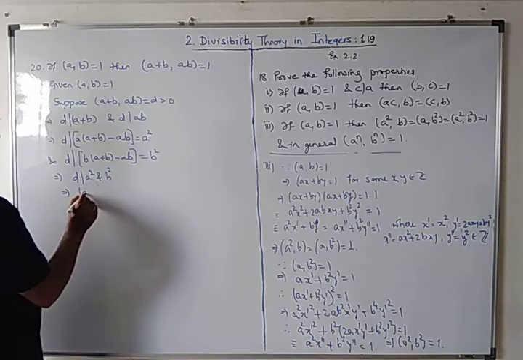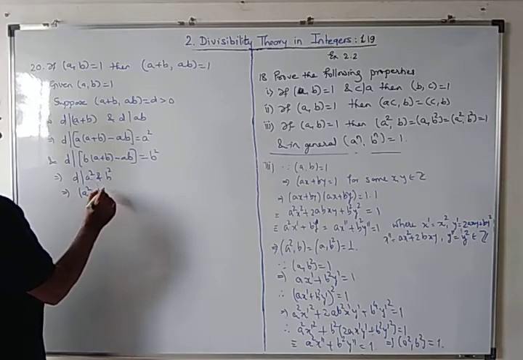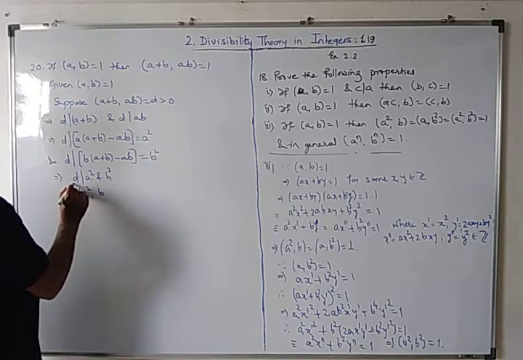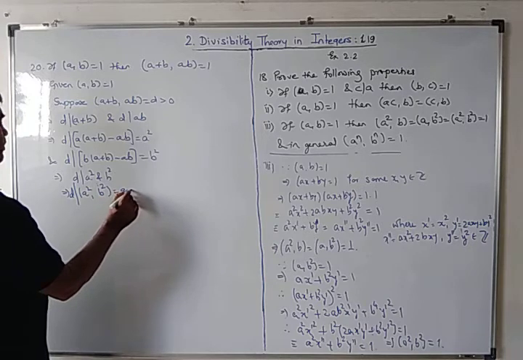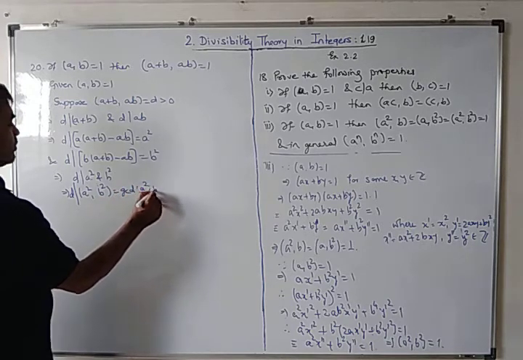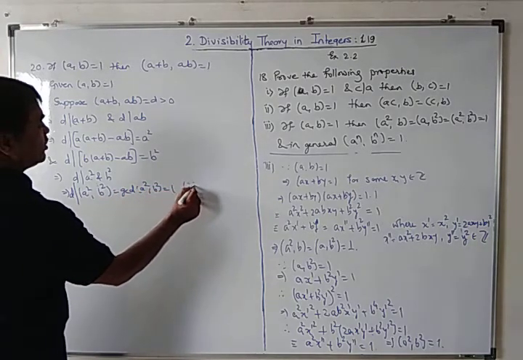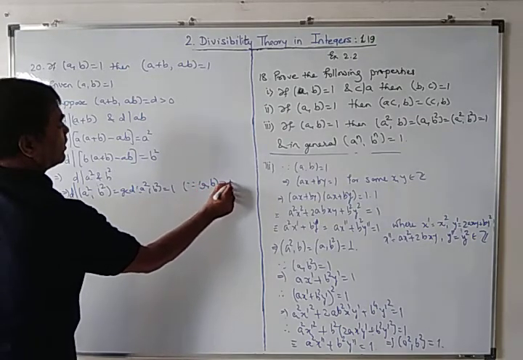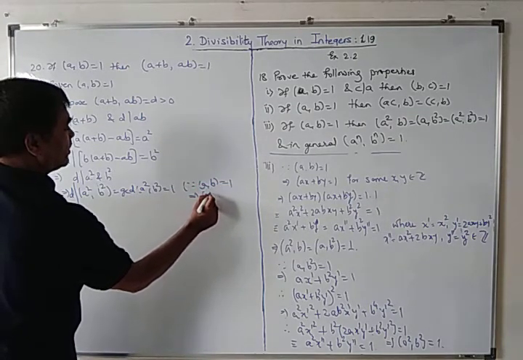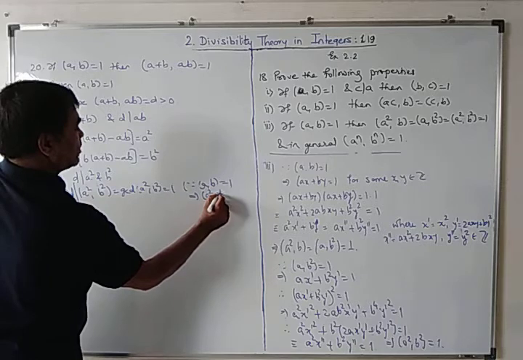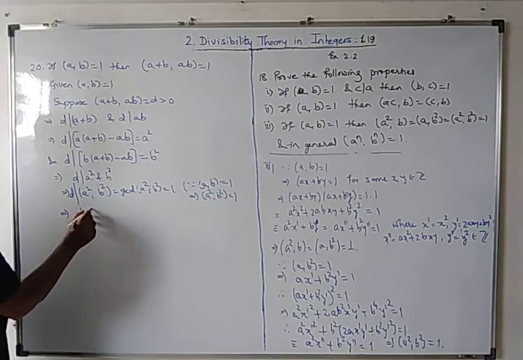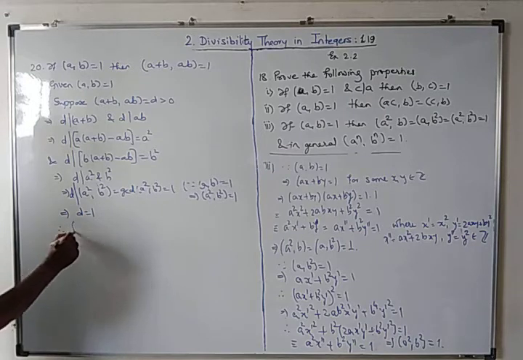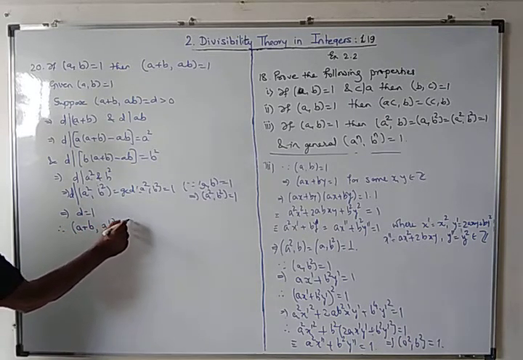So d must divide GCD of a square, b square, which is 1. Since GCD of a, b is equal to 1, implies GCD of a square, b square is 1. Implies d is equal to 1. And therefore, GCD of a plus b with ab is 1.